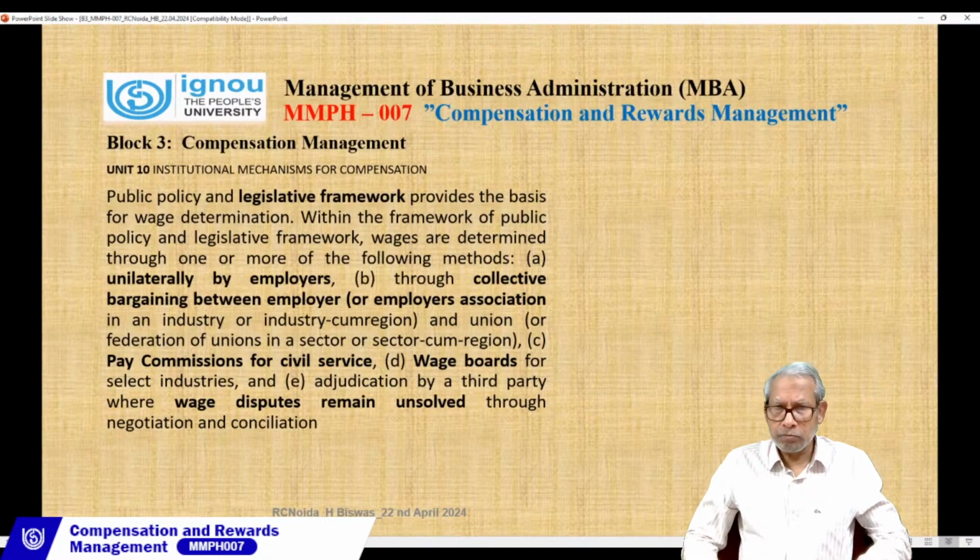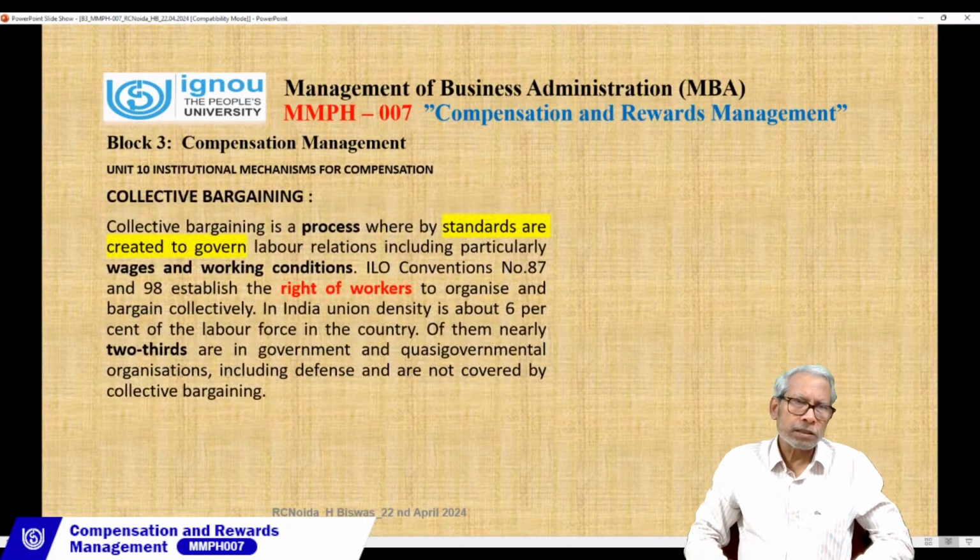Then adjudications or judicial systems, the third party, where wage disputes remain unsolved, that part also you have to see, negotiation and counseling. So all these are different mechanisms, ways or methods you can see.